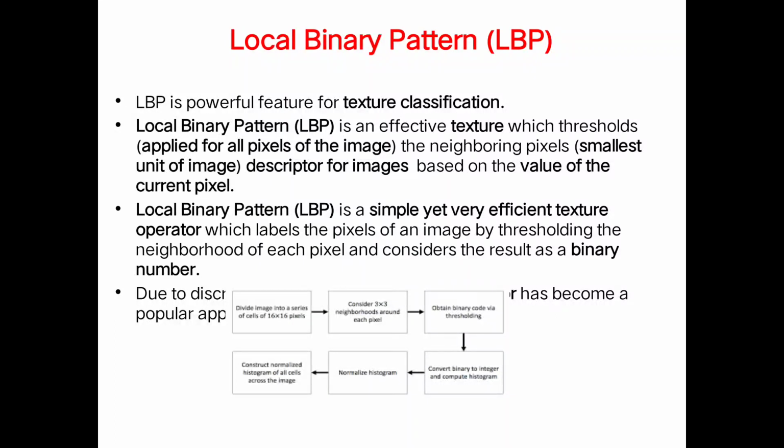The local binary pattern is an effective texture descriptor which thresholds the neighboring pixels, the smallest unit of the image descriptor, based on the value of the current pixel. It is a simple yet very efficient texture operator which labels the pixels of an image by thresholding the neighborhood of each pixel and considers the result as a binary number.